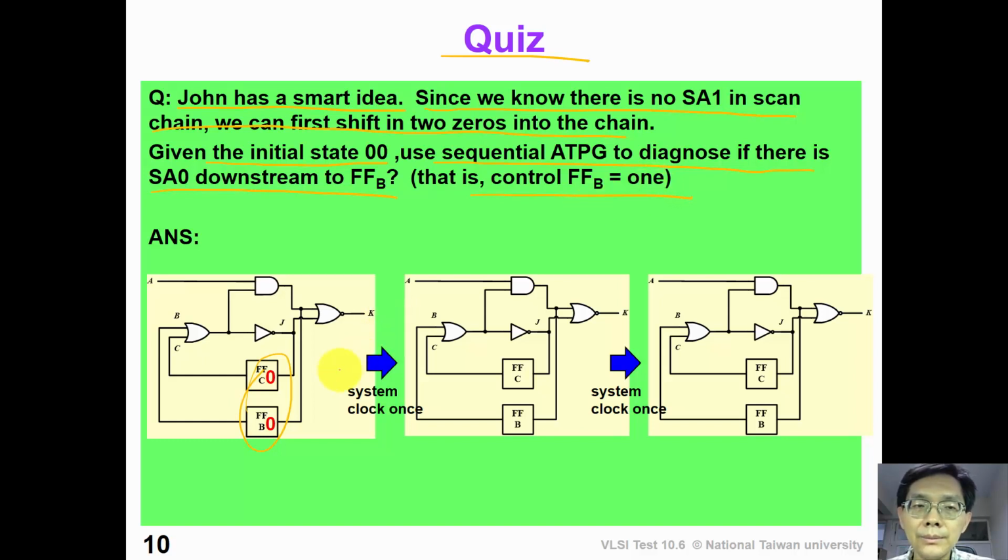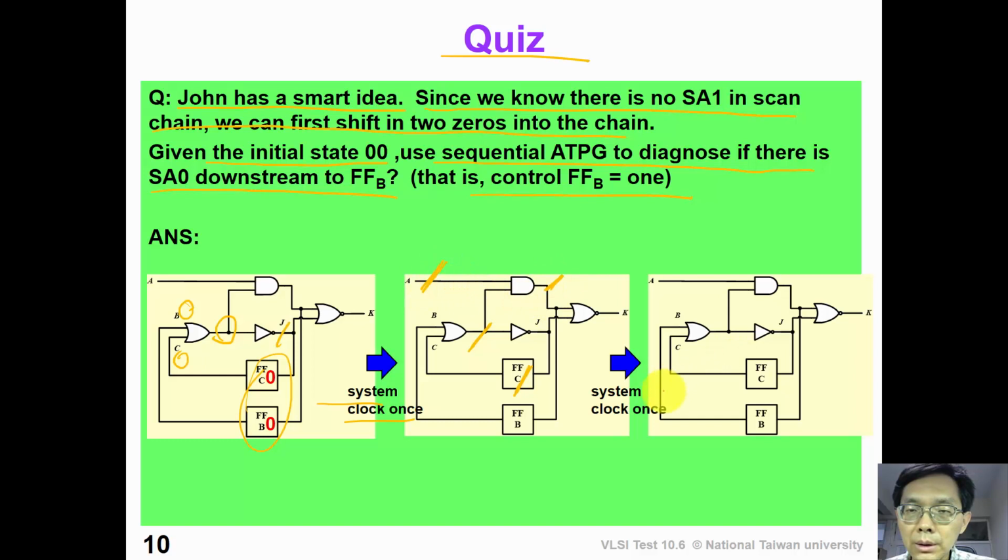Okay, have you got it? In the first time frame, B and C are both 0. So this is 0 and J is 1. After one system clock, the content in flip-flop C would be 1. So at this time, the output of the OR gate is 1. At this time, we can apply primary input to 1.